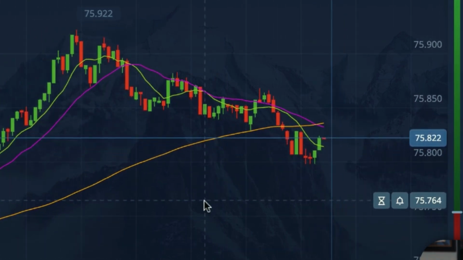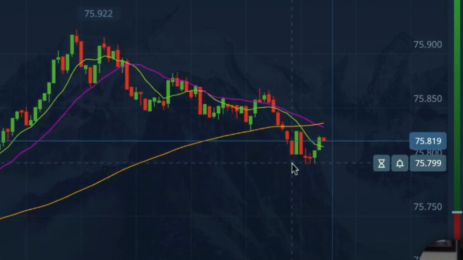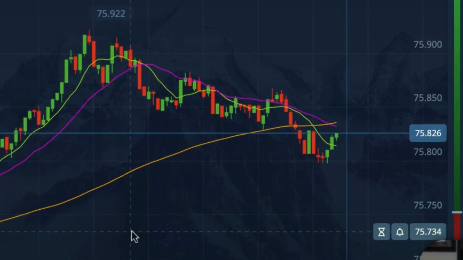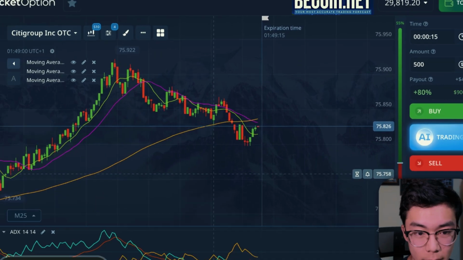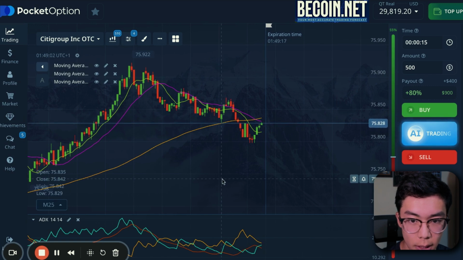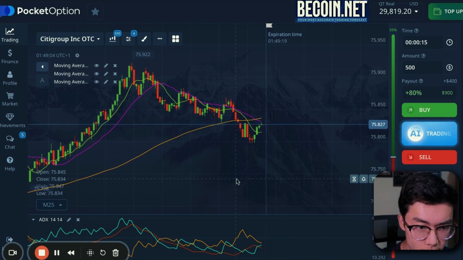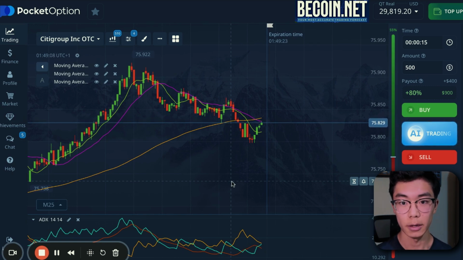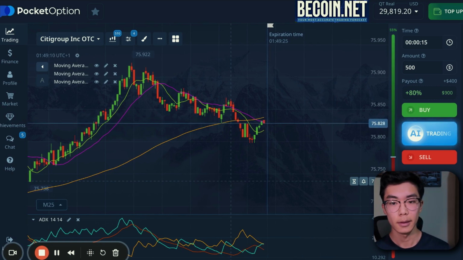If there's any good support levels, the next best support level is right around here actually. So it'll likely go down to around this level, around here. So that's definitely a riskier trade to take part in. Okay.